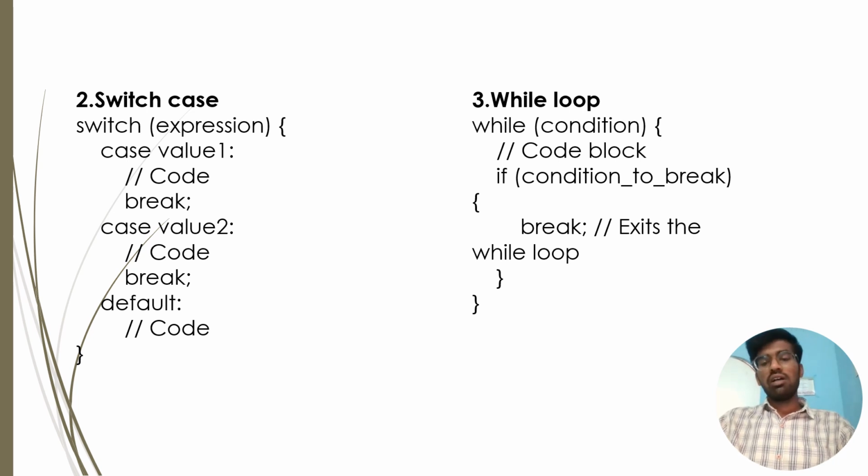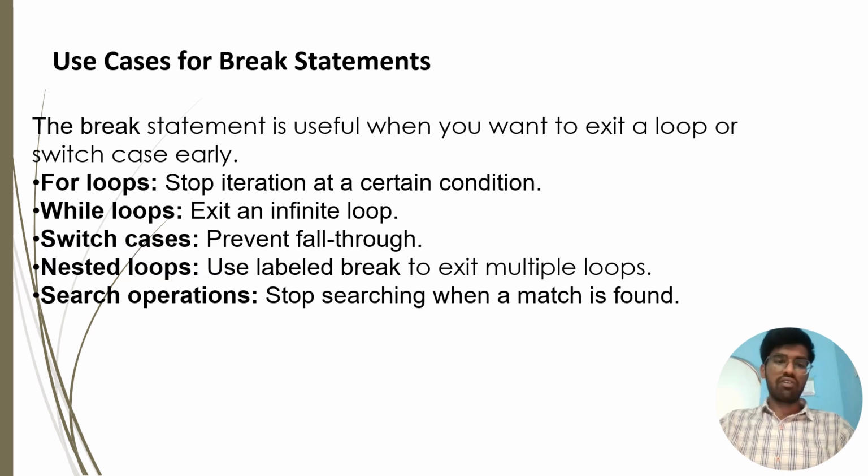And in a while loop, we use a condition where we want to exit, and there our break statement is used. Uses of the break statement: for loops, while loops, switch cases, nested loops, search operations. It is useful when we want to exit a loop or switch case early.